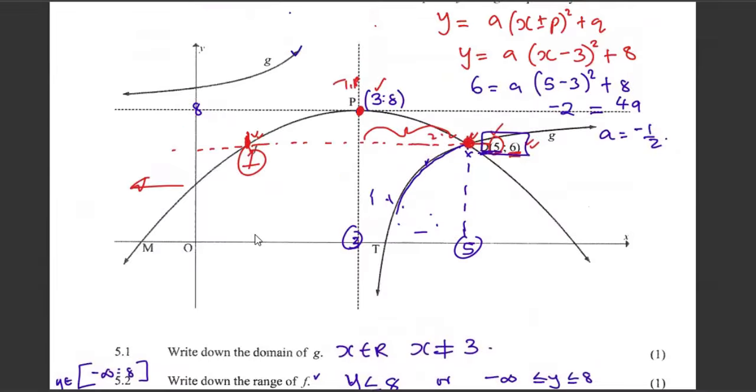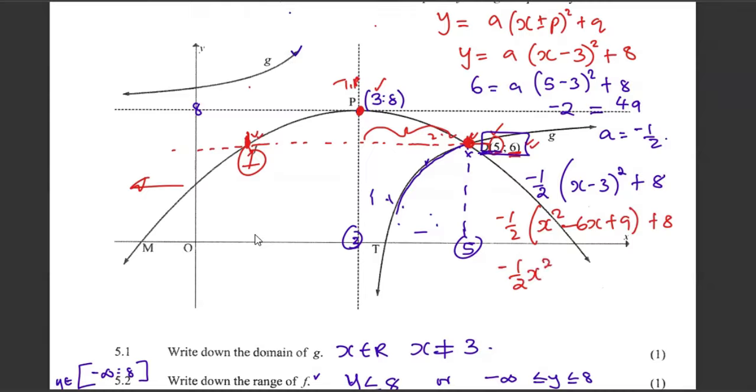Then what is left for us to do is just substitute this back and then open up the brackets. So negative a half into x minus 3 squared plus 8. Let me open this up. Negative a half into, opening this bracket, we have x squared minus 6x plus 9, plus 8. So it's negative a half x squared, negative a half and negative 6x, I'll get a positive 3x.